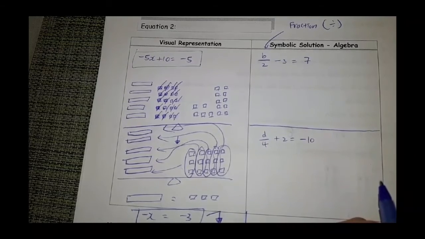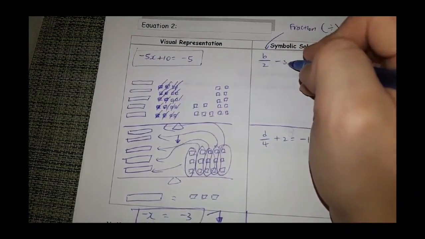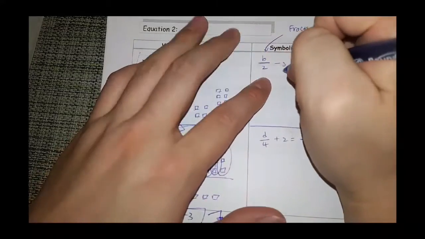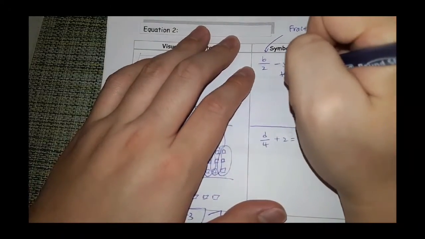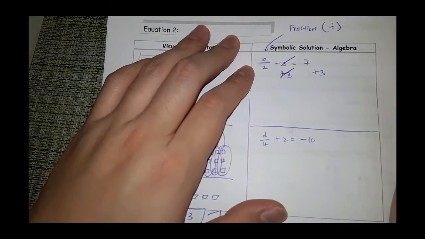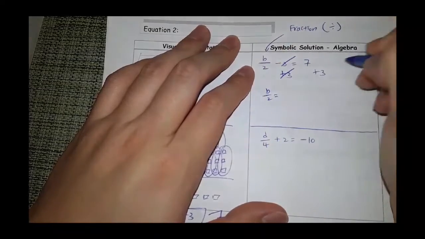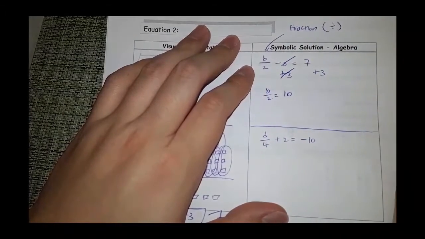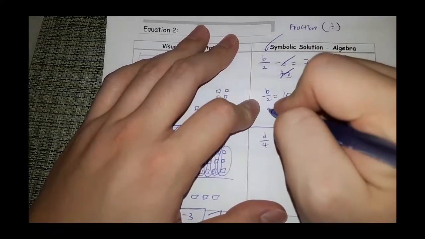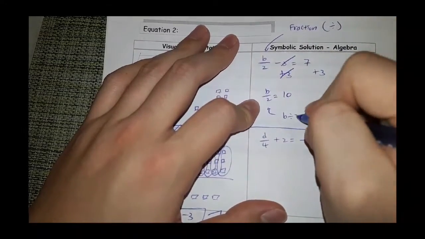So here's what we do. I want you to get rid of your constant first. So for b over 2 minus 3, I'm going to add 3, because then b over 2 is equal to 7 plus 3, that's 10. Now, b over 2 is equivalent to b divided by 2.